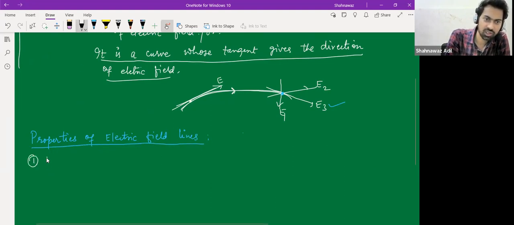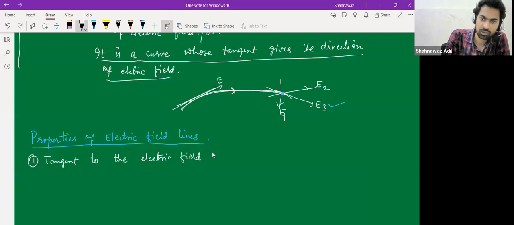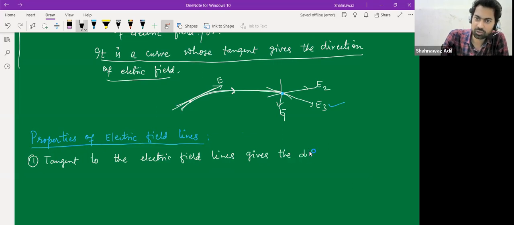The tangent to the electric field lines gives the direction of the electric field, right?